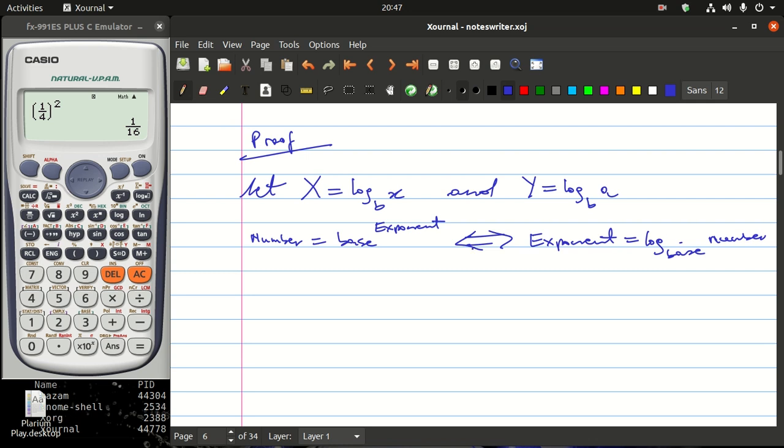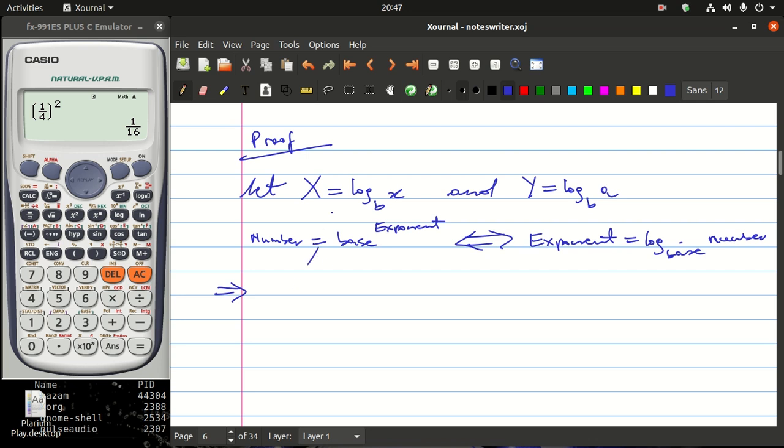So this thing and that thing is the same thing, but in different representation. Now what we will do here, we will try and change this and that. Let's start by changing this thing over here.